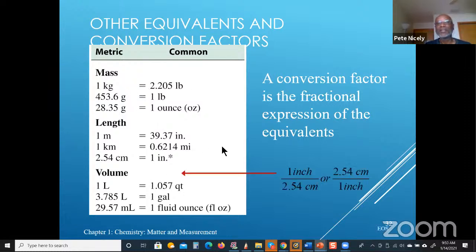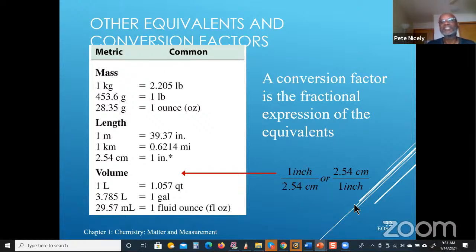So, for example, if you look at the relationship between the inch unit and the centimeter unit, you see that it can be expressed as either 1 inch divided by 2.54 centimeters or 2.54 centimeters over 1 inch, all right? So basically, you can use either this conversion factor or this conversion factor to express the relationship between the inch unit and the centimeter unit.